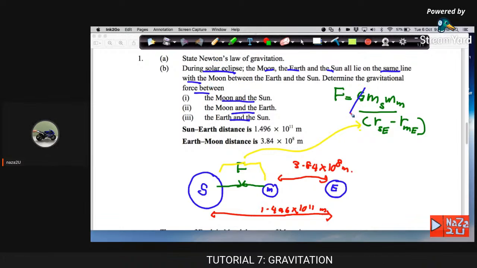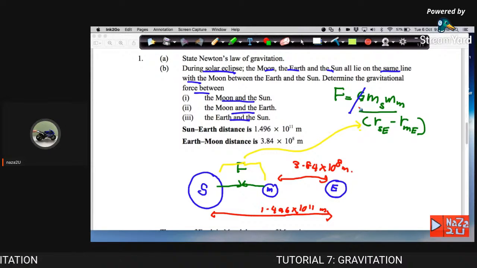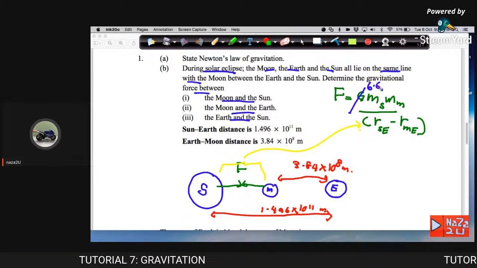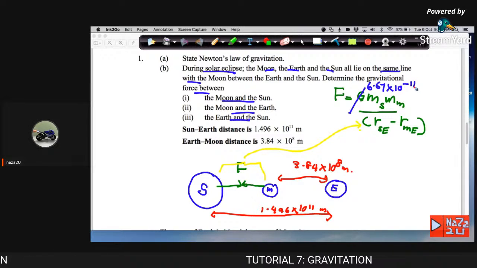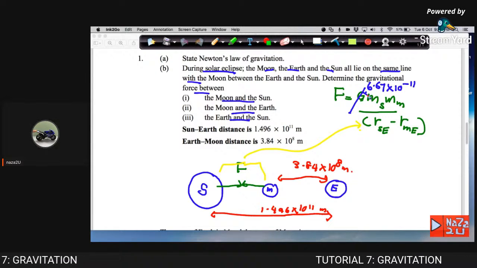G constant ya. G constant nanti di awal tadi saya sudah tunjuk, G tu kalau kamu lihat dia punya constant, this is 6.67 exponent minus 11, and the mass of the earth sama constant ya, tidak perlu kamu hafal ya.